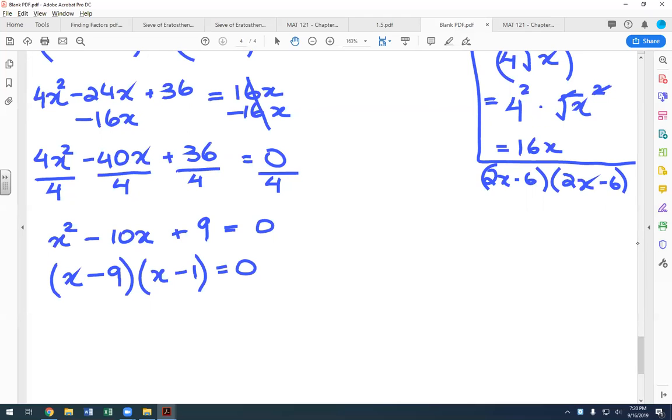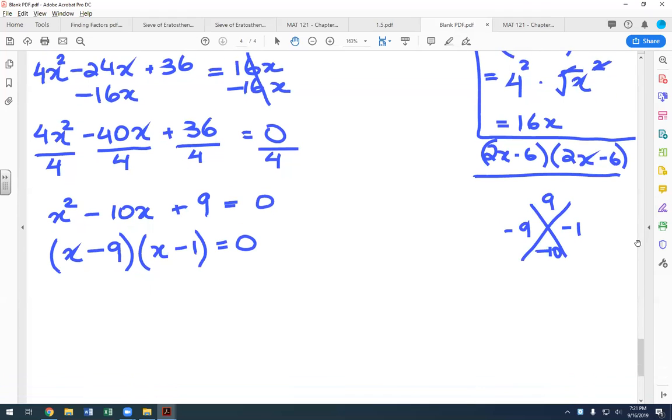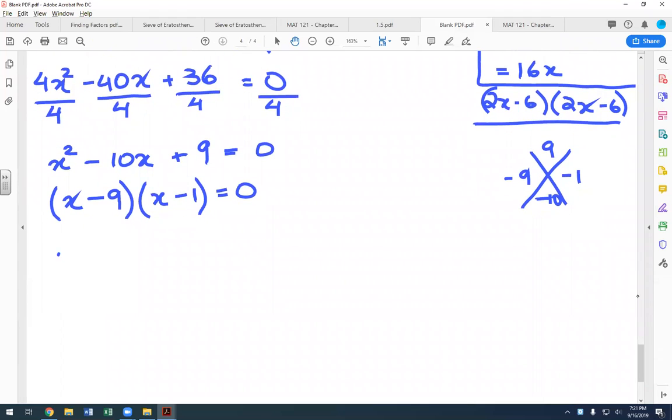Again, remember, the idea is the numbers should multiply to give us positive 9 and add up to give us negative 10. So that's going to be the combination of negative 9 and negative 1. You multiply, you get positive 9, you add, you get negative 10. So this will give me 2 answers again.